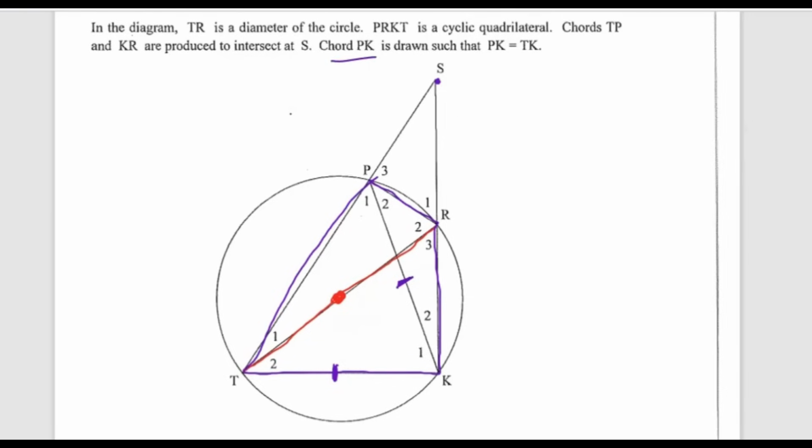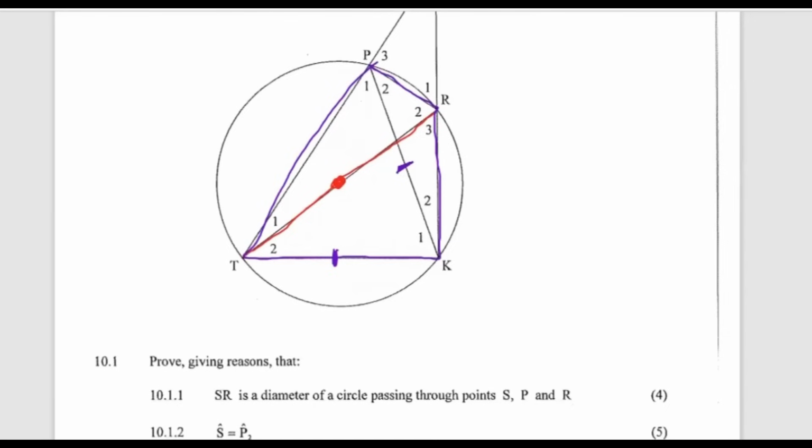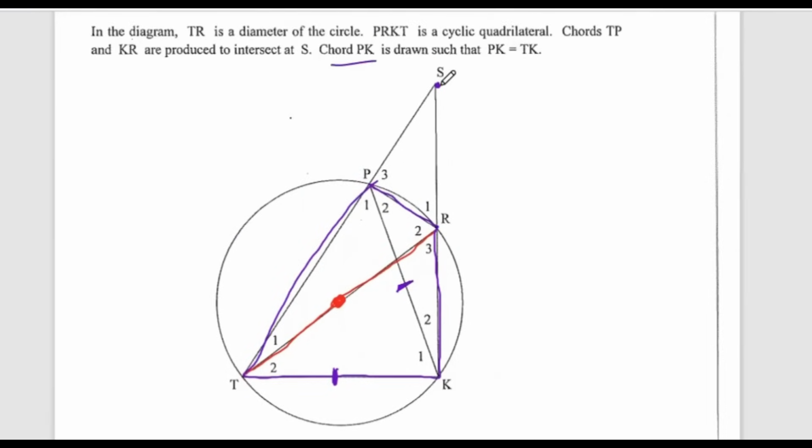All right, then prove with reasons that SR is a diameter of the circle that is passing through S and P. So if we have a circle that is passing through S and P, what do we know about diameters? For as long as we have a diameter, it simply means that the angle that is opposite to the diameter must be 90 degrees.